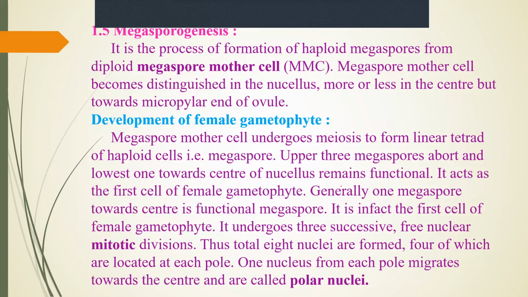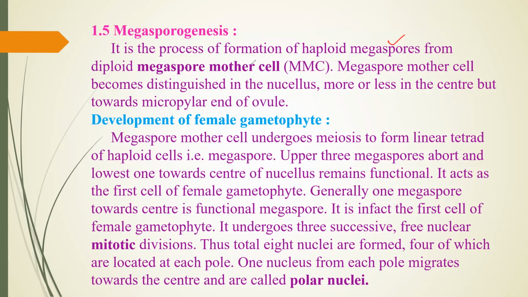Okay. Then we are having the megasporogenesis. Megasporogenesis is the process of formation of haploid megaspore from the diploid megaspore mother cell.